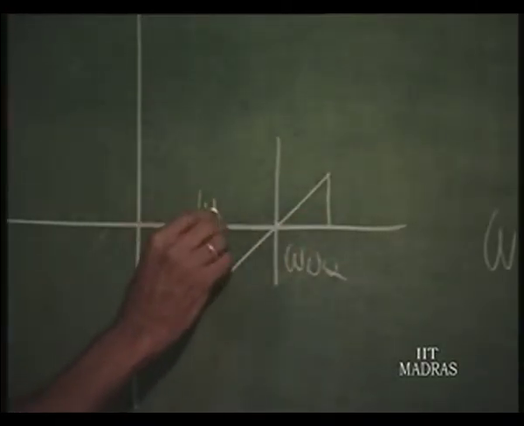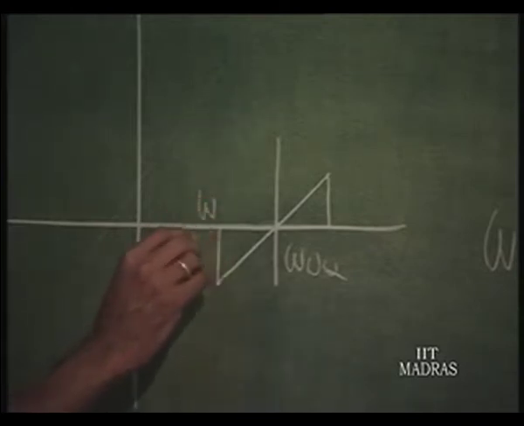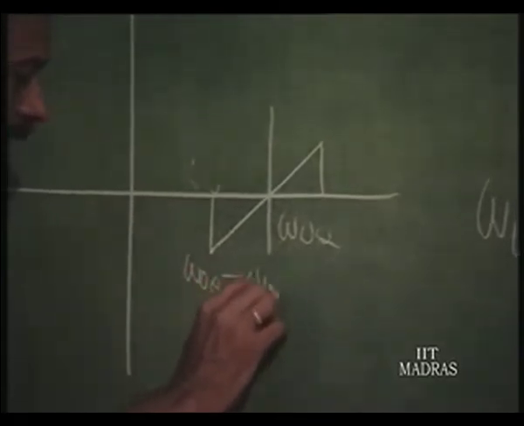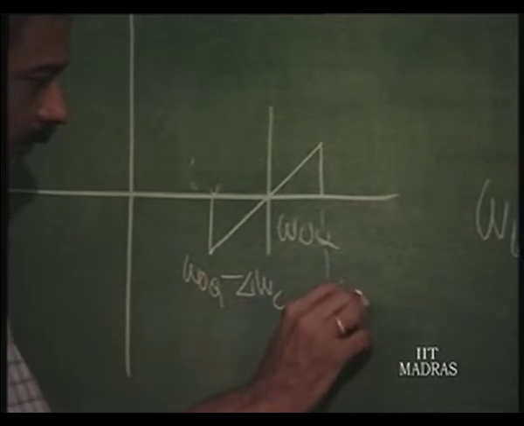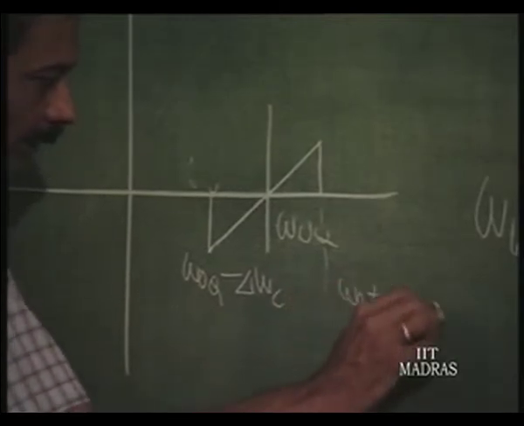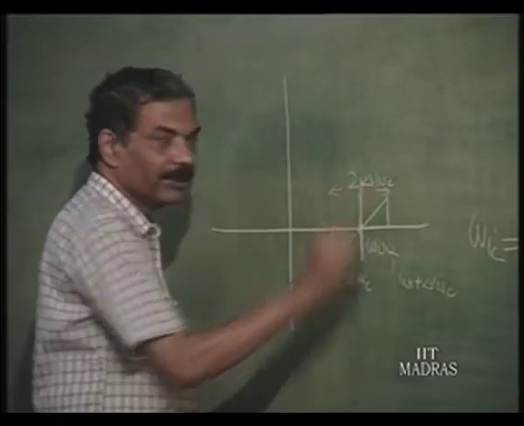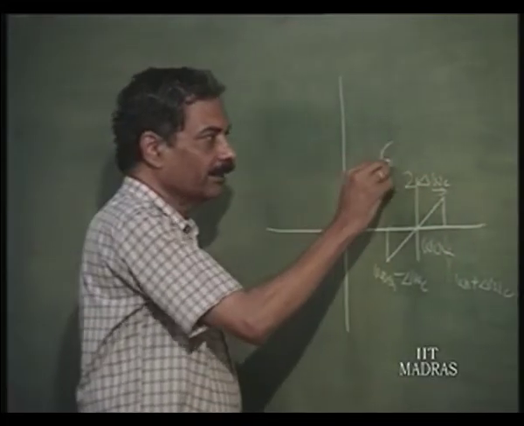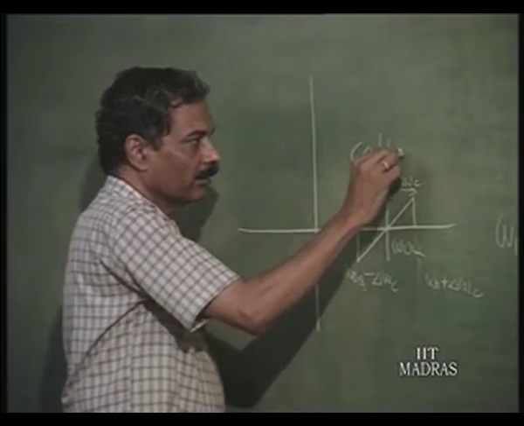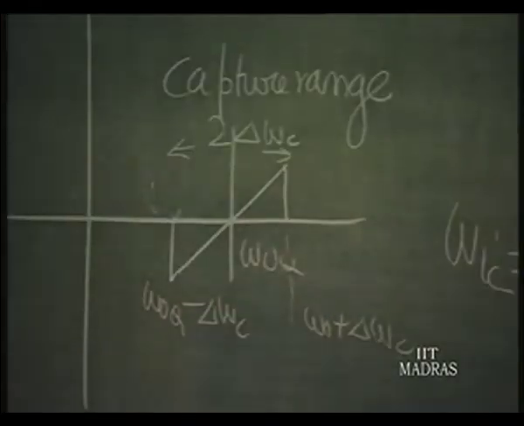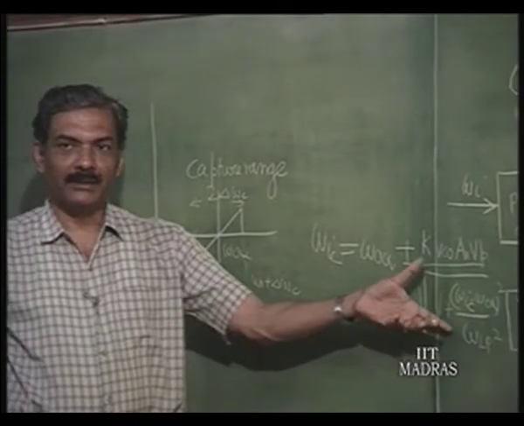This is omega naught q, omega naught q plus minus delta omega c. This is omega naught q plus delta omega c, and it is 2 delta omega c, which is the capture range. And that is given roughly by an approximation as this.